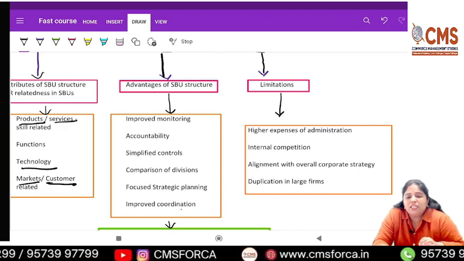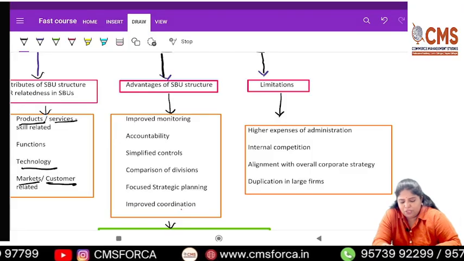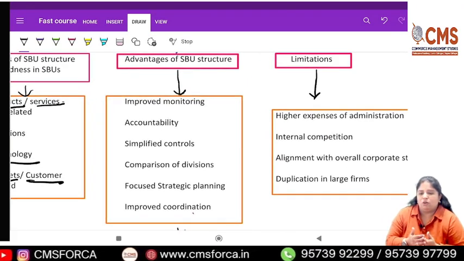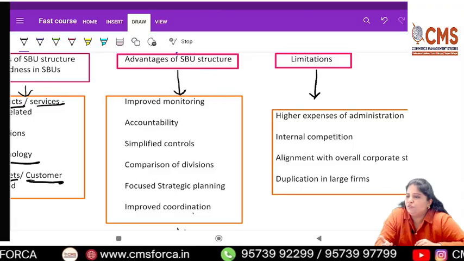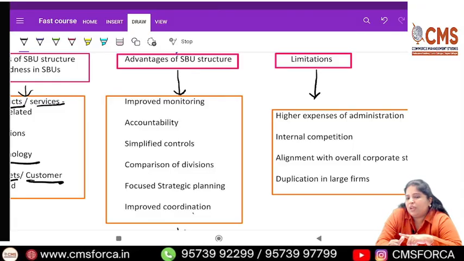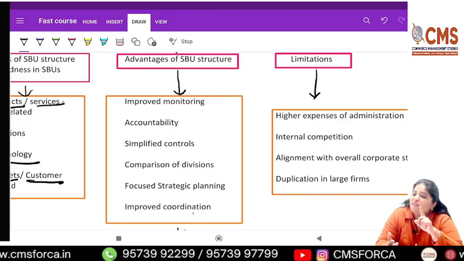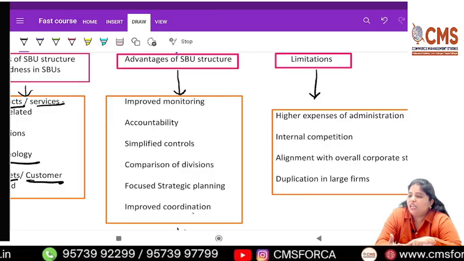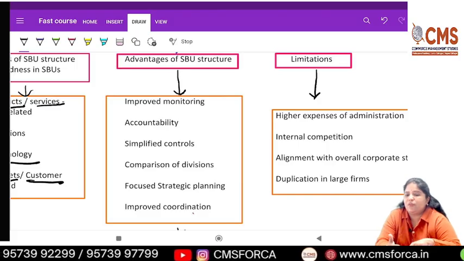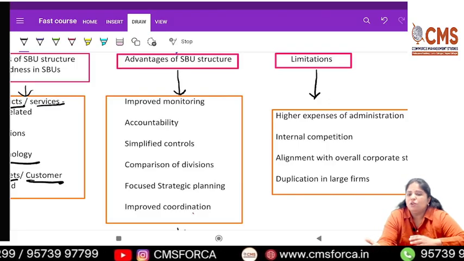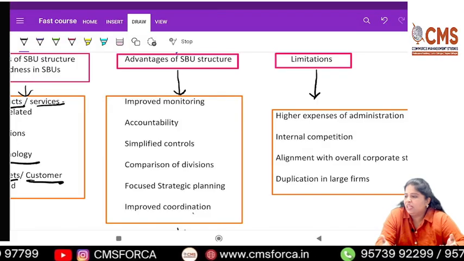What are the advantages we see in SBU structure? As we discussed already in the overview, each SBU can be well monitored, with very effective planning, and good comparative analysis where you can compare the performance of one SBU with another.